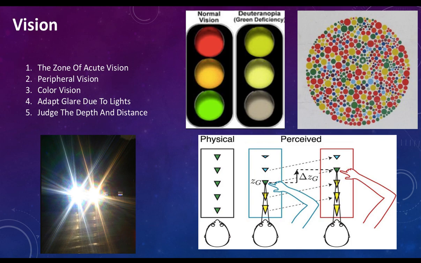Then next one is adapting to glare due to lights. You have headlights, right? At night time we all switch on the lights, but there's a mode, high beam and low beam. But some people have this habit of driving in high beam. High beam is normally meant for foggy climate, not for clear atmosphere.